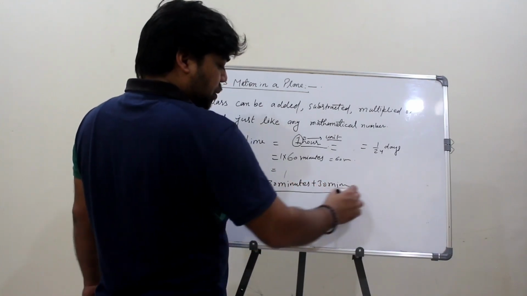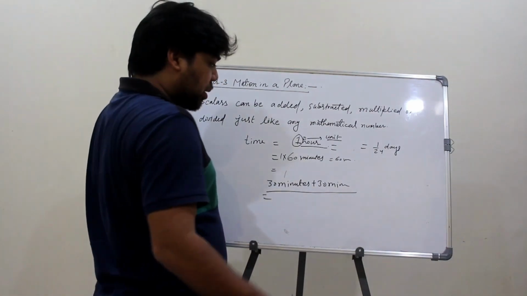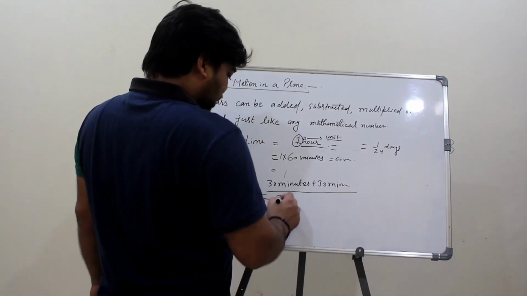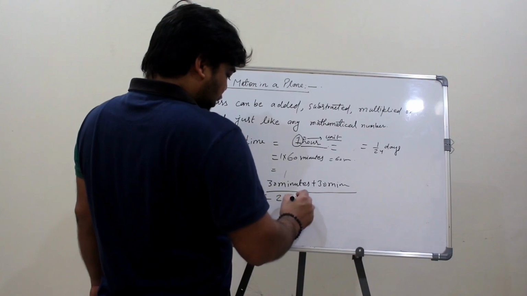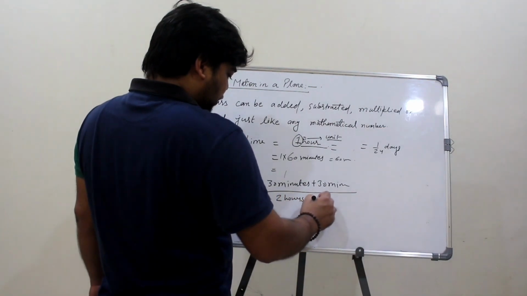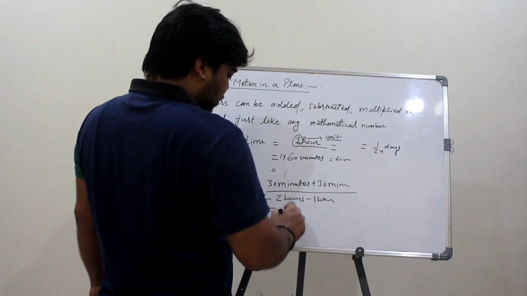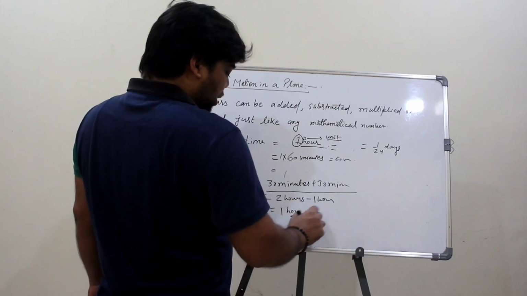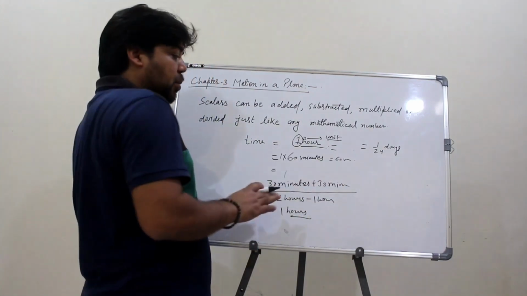It can be subtracted also: 2 hours minus 1 hour, right? It is 1 hour. So it is a simple example.